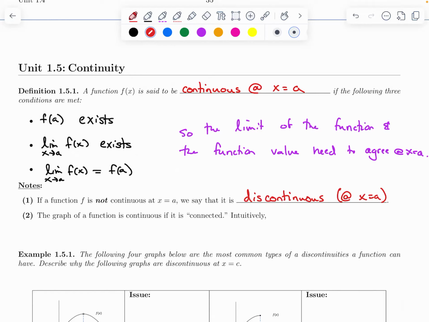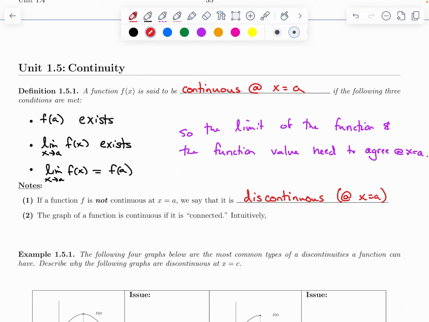So what it's requiring is that whenever we look at any specific x value, that the limit, so when we approach it from both sides, it always ends up being the same as the function value itself. And in intuition, from a graphical standpoint, in order for the curve to be continuous, it needs to be connected.